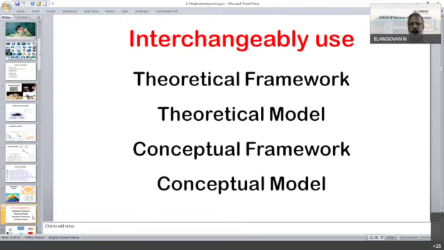It's almost the same, but we use them interchangeably. So when you read research papers, research articles, you will see that the word framework is used in place of model, or model is used in place of framework.